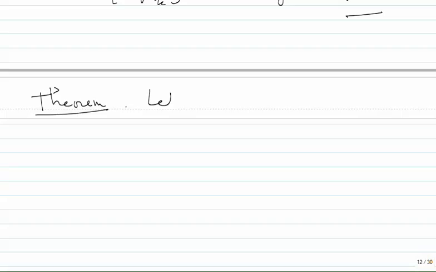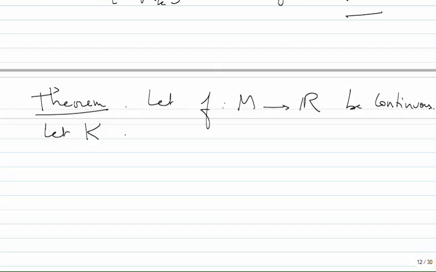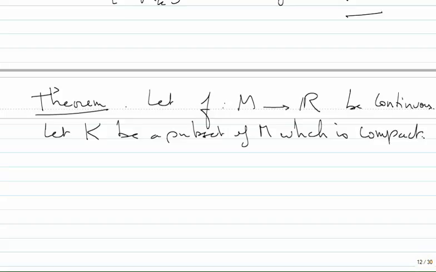Let f be defined on a metric space M with real values, and assume it is continuous. Let K be a subset of M which is compact.